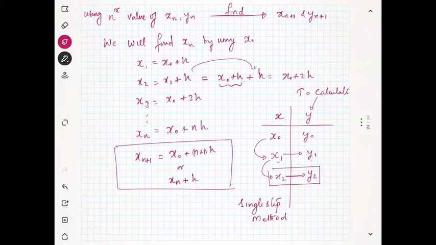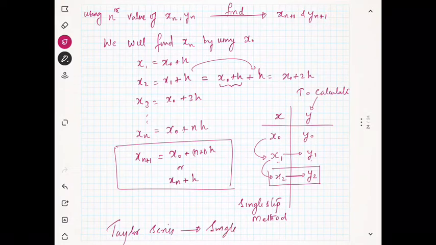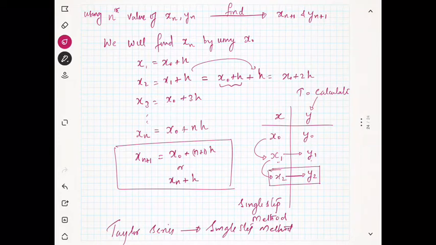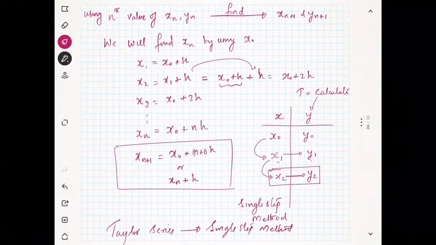And the Taylor series method is a single step method. Also you can see that in Taylor series method we will not use any values other than xn and yn for calculating xn plus 1 and yn plus 1. So let us see what is Taylor series.